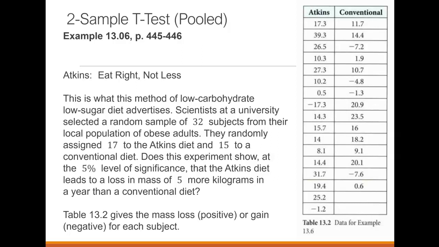Does this experiment show at the 5% significance level that the Atkins diet leads to a loss in mass of 5 more kilograms a year than a conventional diet? So the table gives the mass of loss positive or gain negative for each subject.